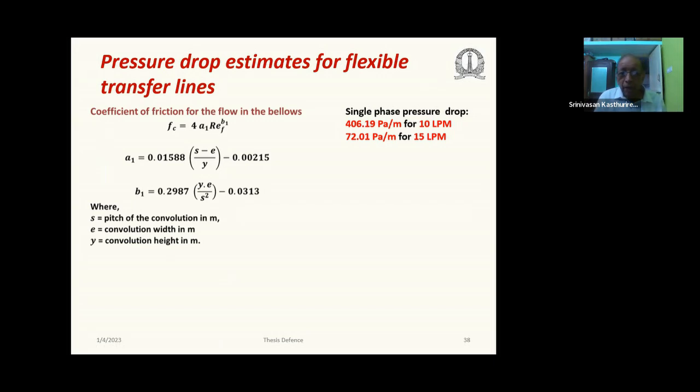So you find the bellow has a single phase pressure drop of 406.19 Pascal per meter. That's for 10 liters per minute, whereas for 15 liters per minute, it is only 72.01. So the single phase pressure drop is calculated.